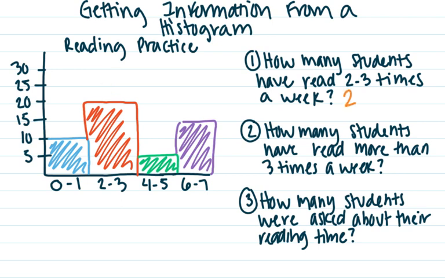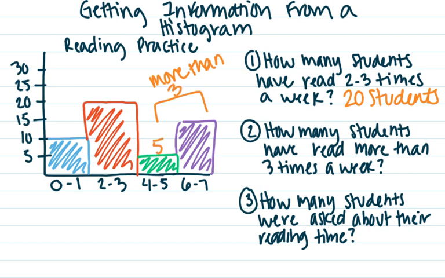There we go. 20 students. How many students have read more than 3 times a week? Well, more than 3 times a week would be these 2 columns right here. This would be more than 3 times. Okay, so that is 5 plus 15. So again, 20 students.